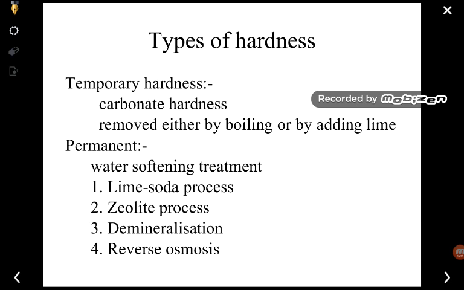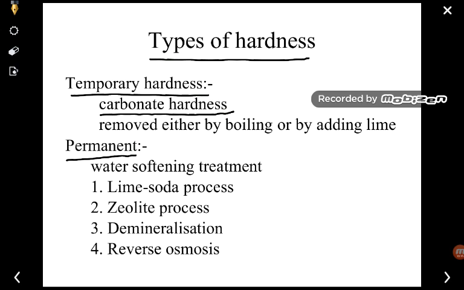Now coming to the next subtopic, that is hardness. Based on the type of water, it can be divided based on hardness. There may be two types of hardness, that is temporary hardness and permanent hardness.